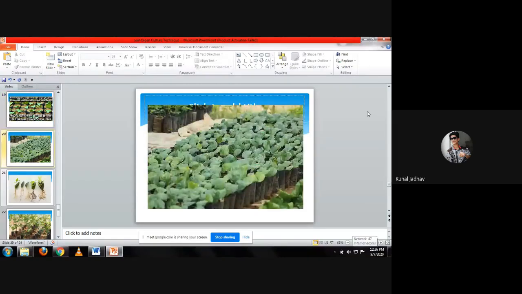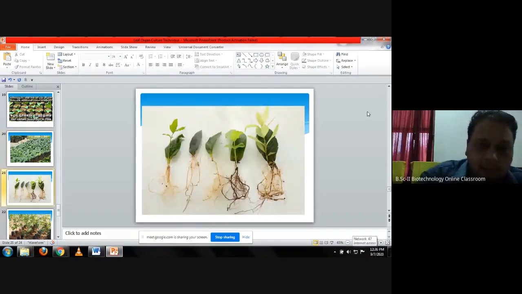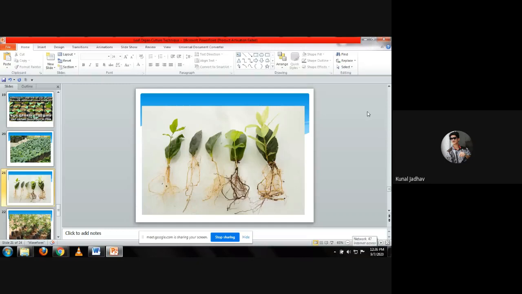So next see how, after 3 to 4 weeks also the leaves are healthy. They have not died. And see he has uprooted these leaves, and from this leaf he can see the shoots. Did everyone see how shoots and roots have developed from a leaf? Yes, sir.